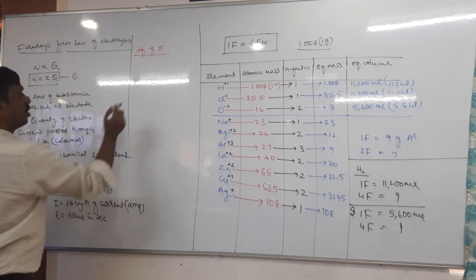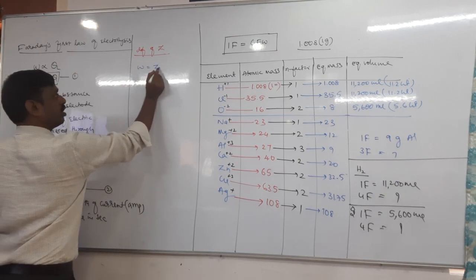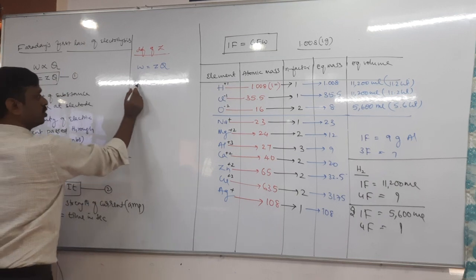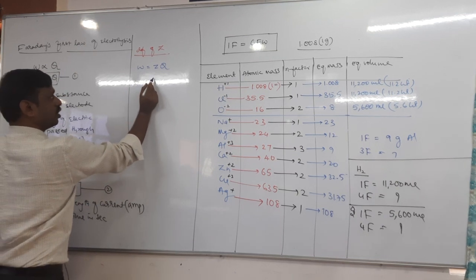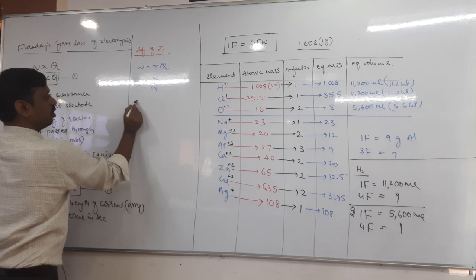Here W equal to Z into Q, so can we write Z equal to W by Q?